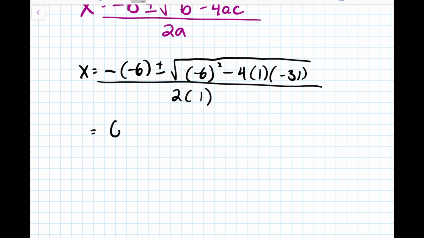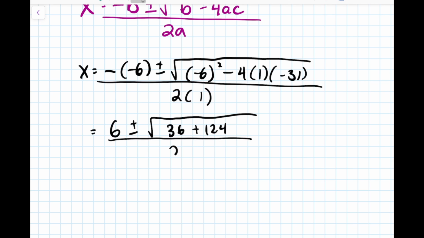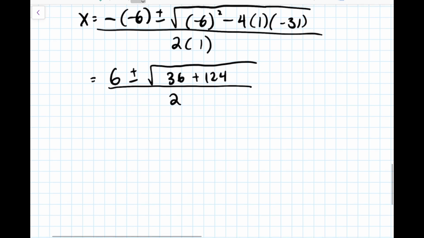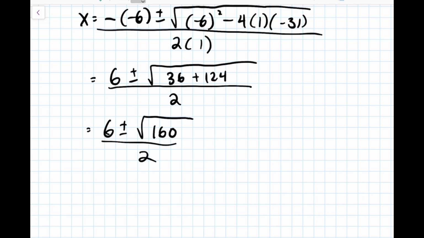So negative 6 is positive 6. Negative 6 squared is 36. Negative 4 times 1 times negative 31 is going to be plus 124. And all of that is over 2. And so we're left with now 6 plus or minus the square root of 160 divided by 2.